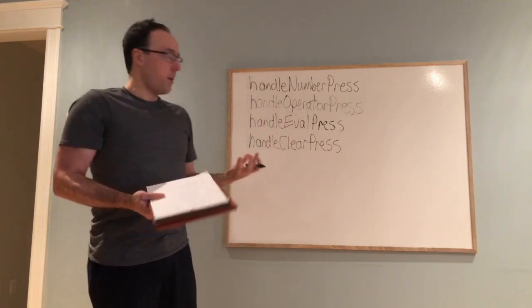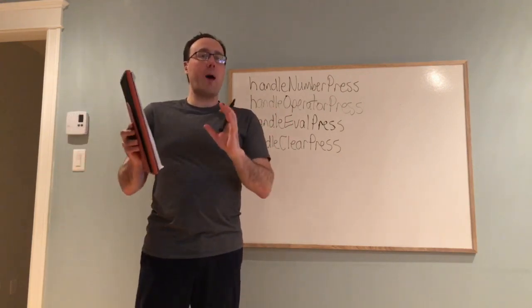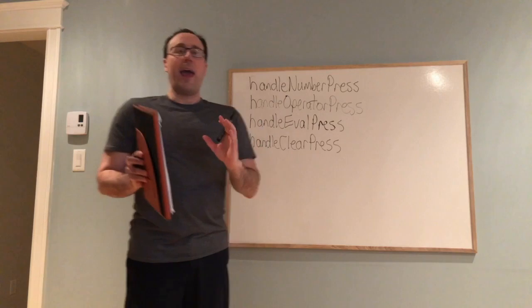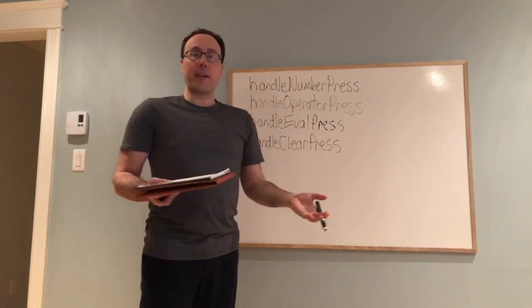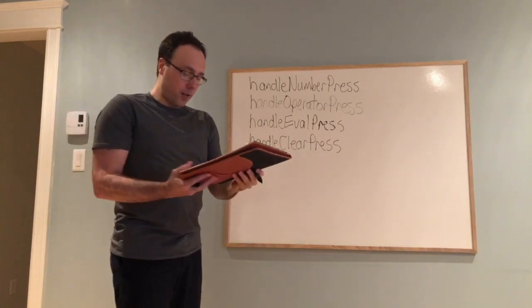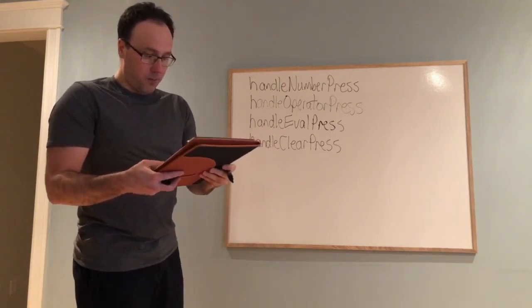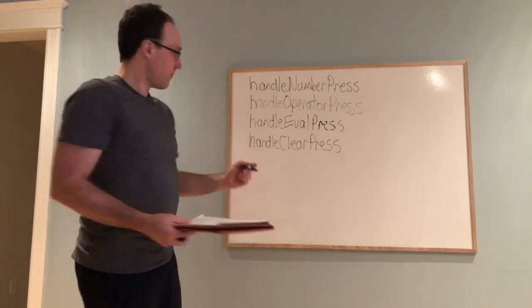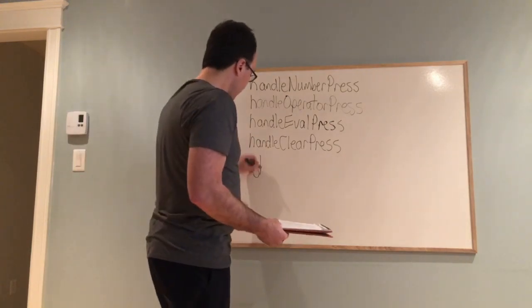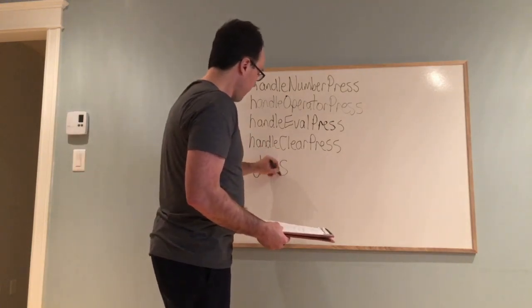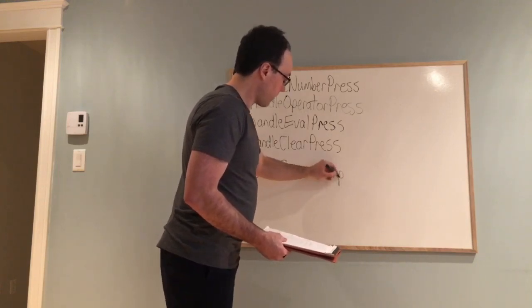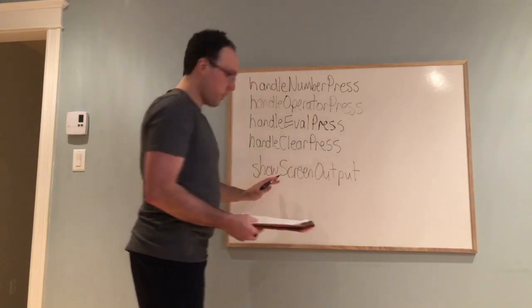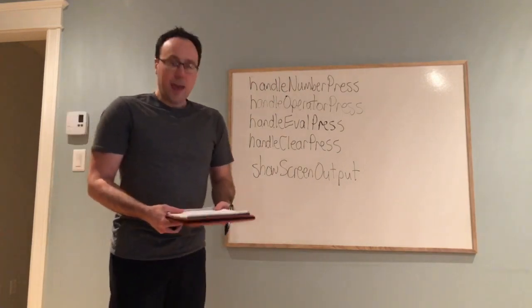So it's probably best that we have a function where we can pass a string, and whatever we pass to it will be displayed on the calculator. So I'm going to call that function show screen output.